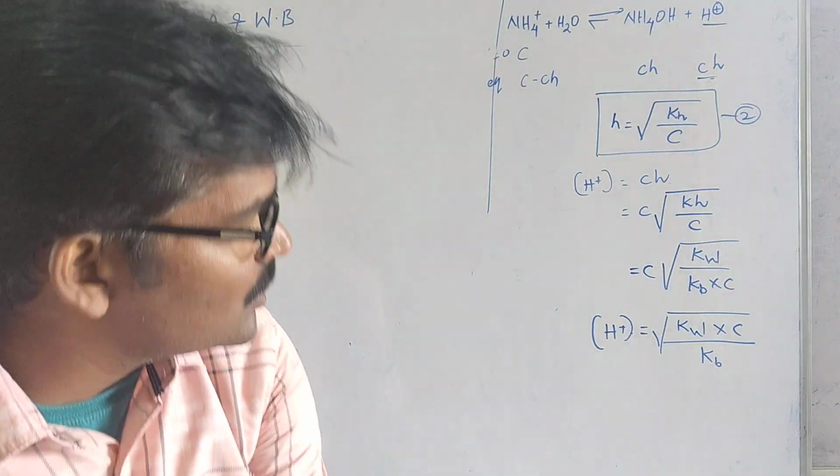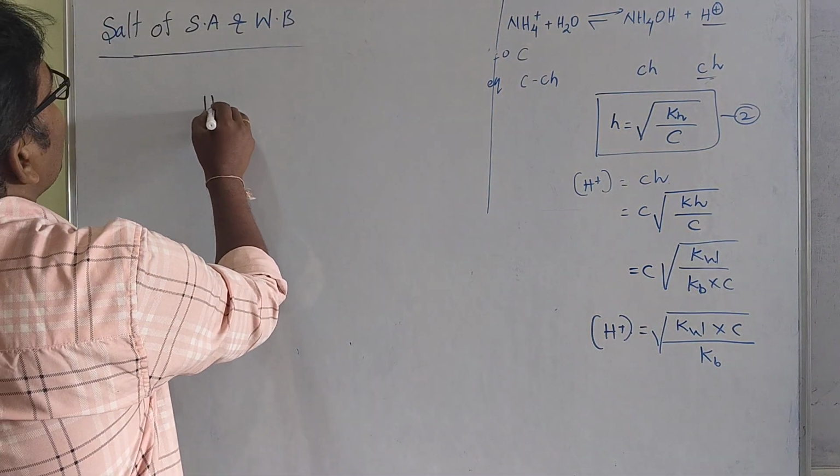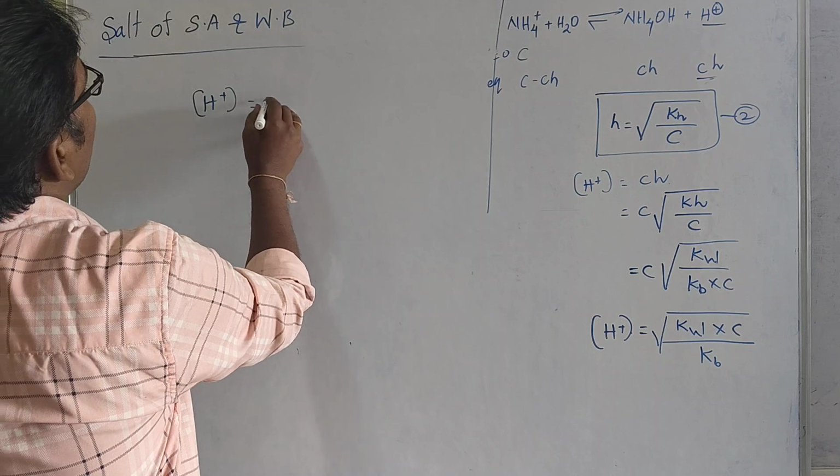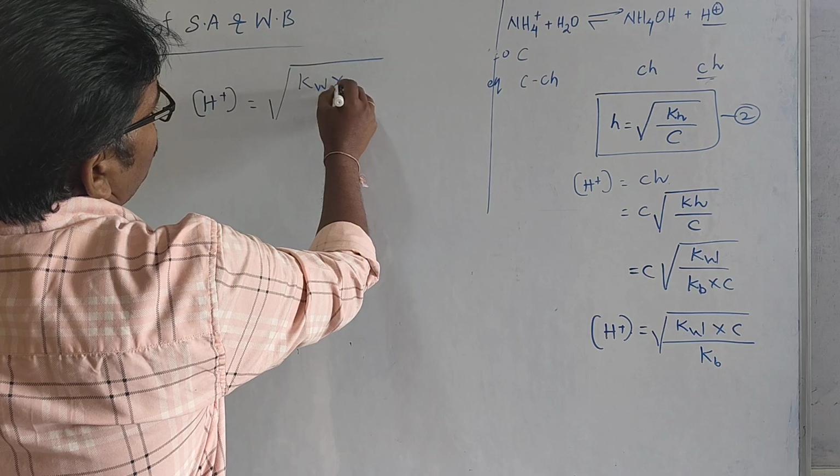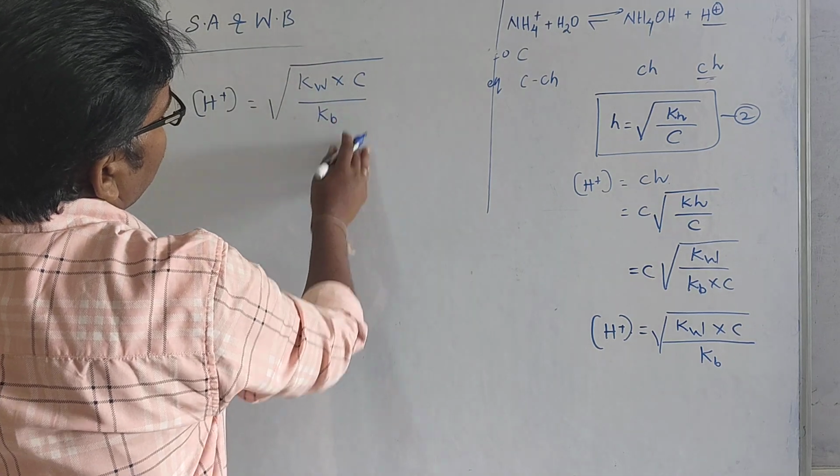See, H plus ion concentration, what will be there? H plus ion concentration for this salt is equal to the square root of KW into C divided by KB.